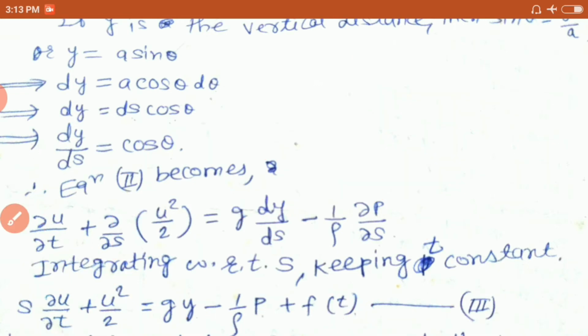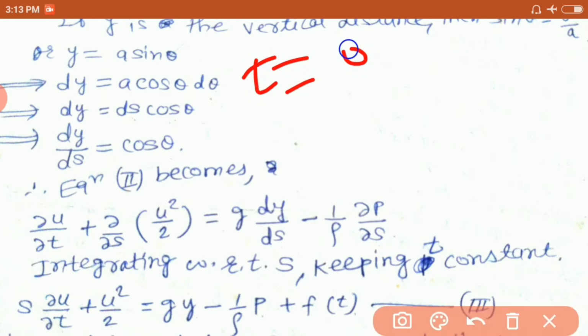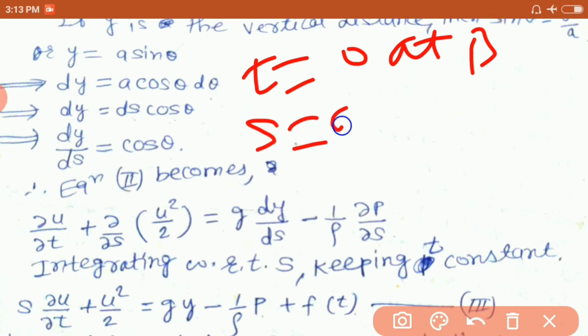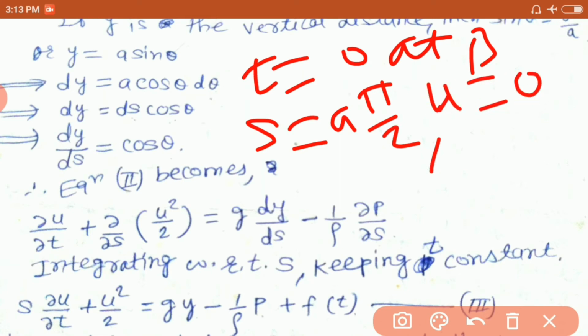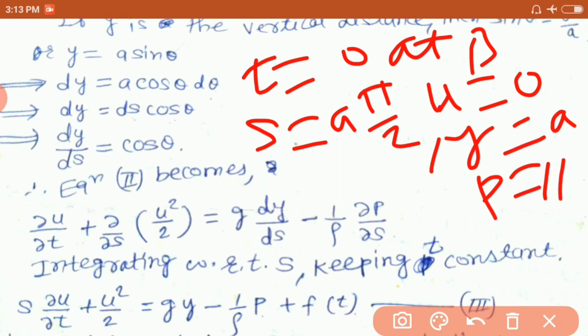Also, when t is equal to 0 at b, we have s equal to a pi by 2, u equal to 0, y equal to a, and p equal to pi.